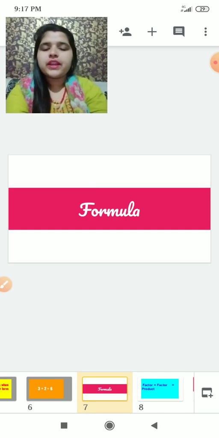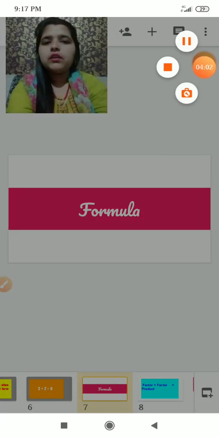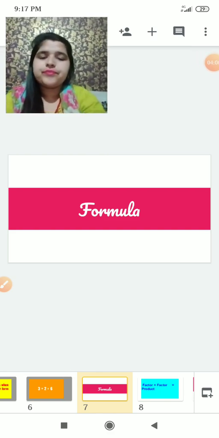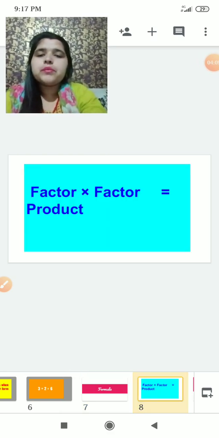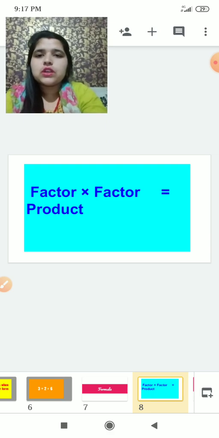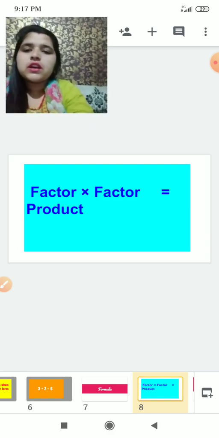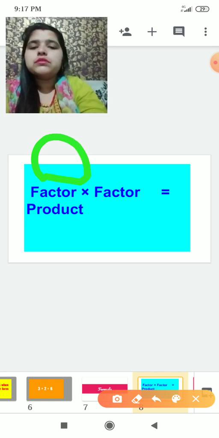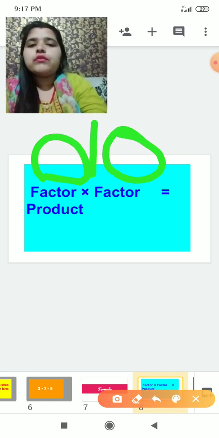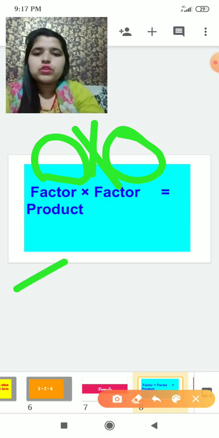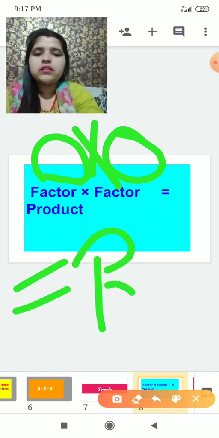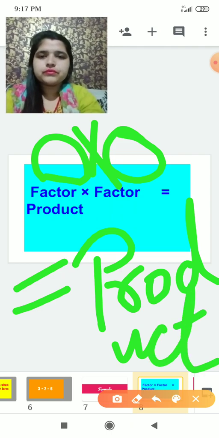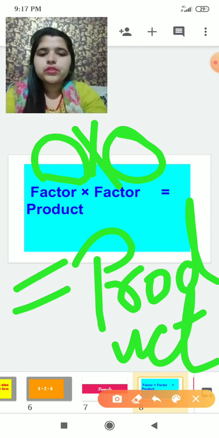So we have the formula: factor multiply factor is equal to product. It means you can take any two numbers and multiply them, and you will get a product.